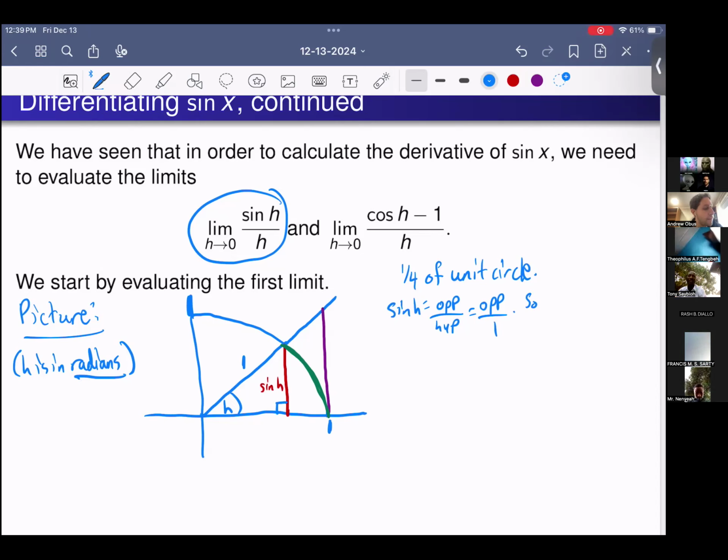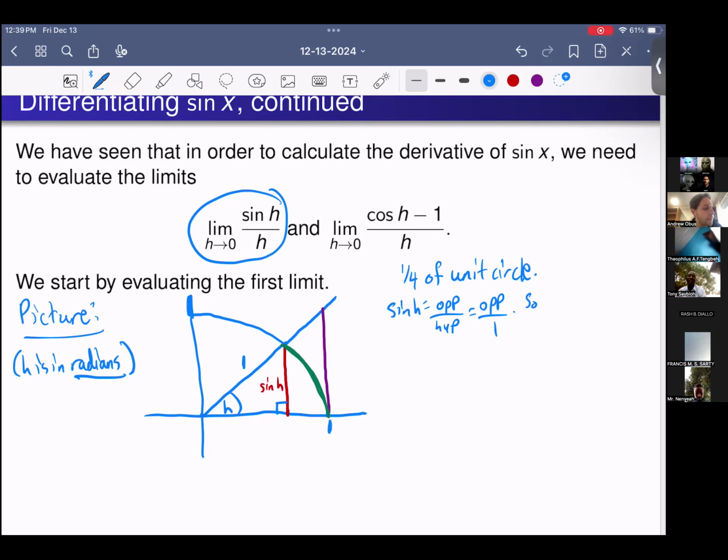But I'll say that this is 0 because I think we've had enough proofs today. So we get 1 and 0. And so I'll say in the book, this is equal to 0, chapter 1.4.